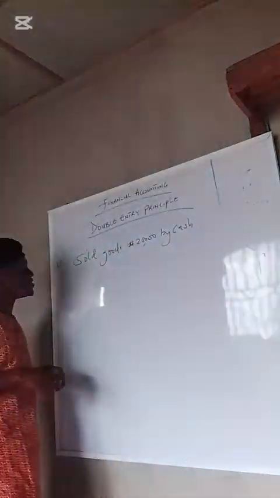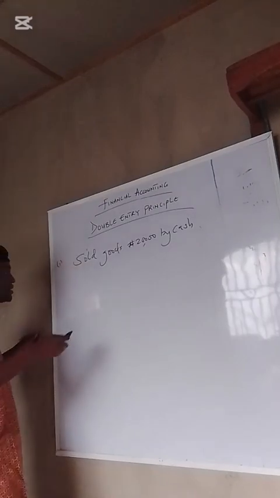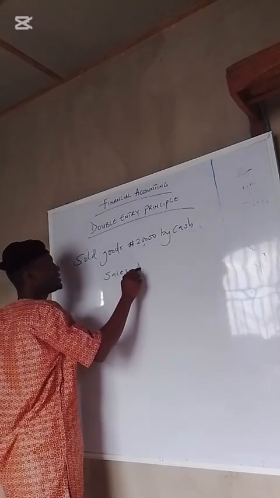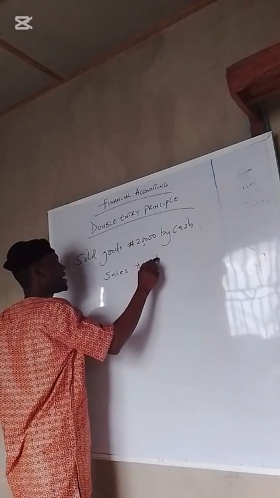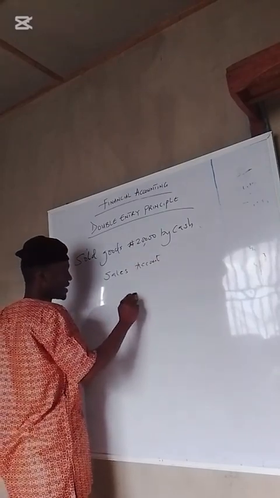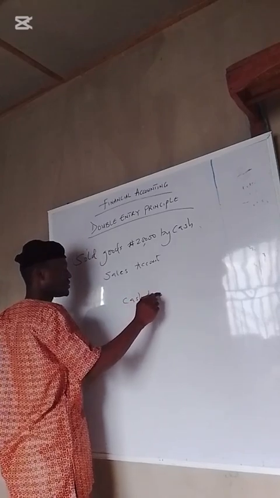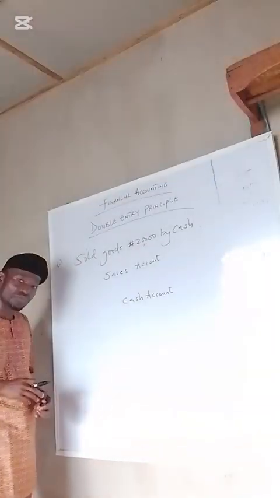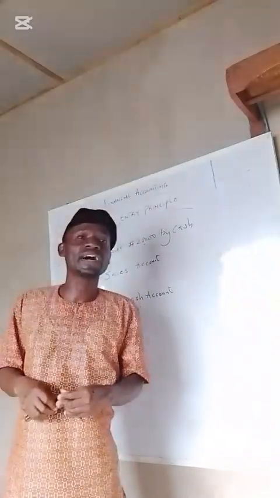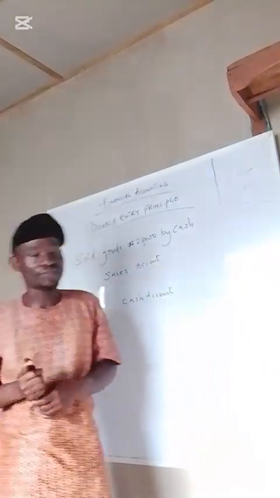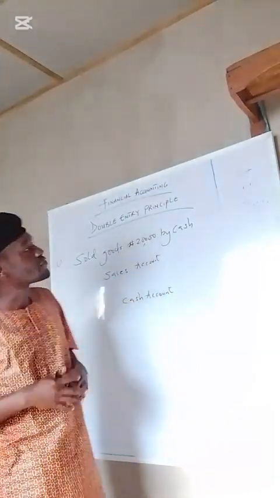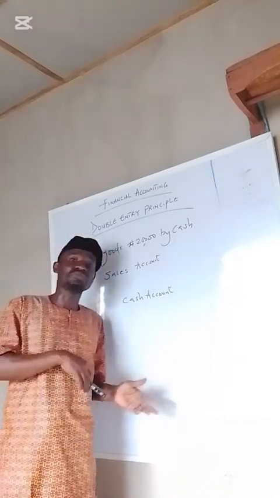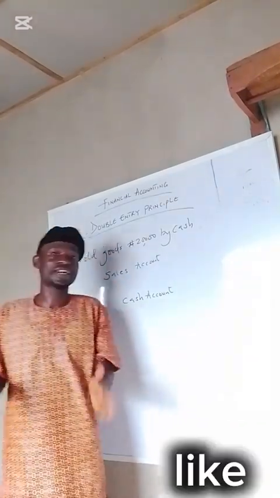In as much as you are selling goods out by cash, the two accounts involved here should be sales account and cash account. Now, having identified the two accounts involved, you also have to identify the account to be debited and the account to be credited.